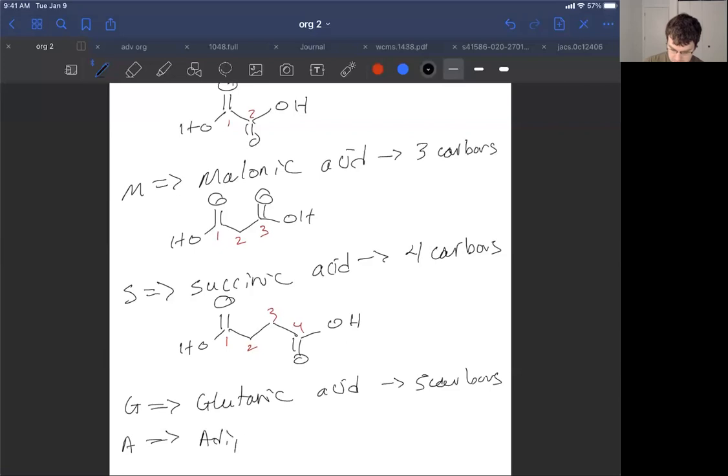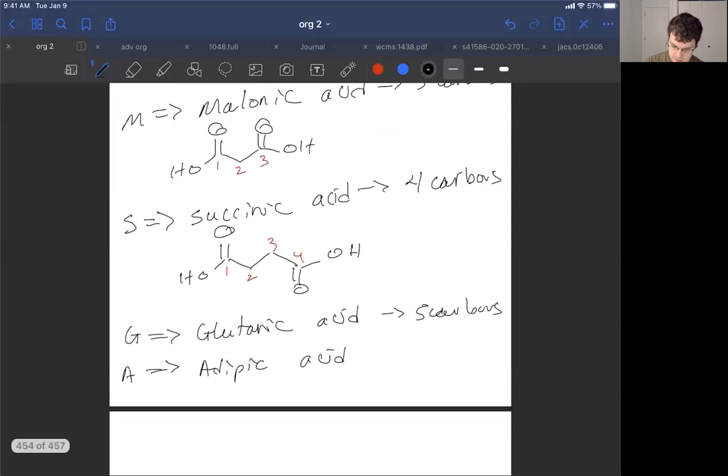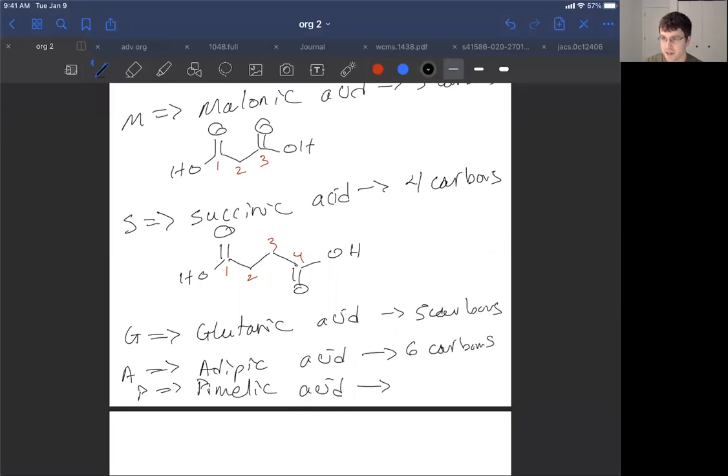I had that right. And we could just draw 6 carbons if we needed to. And then P is pimelic. I actually don't draw pimelic acid that much. That's why I forgot what it was. I don't draw pimelic acid that often, like never. And I only say the word once a year when I'm teaching this class.